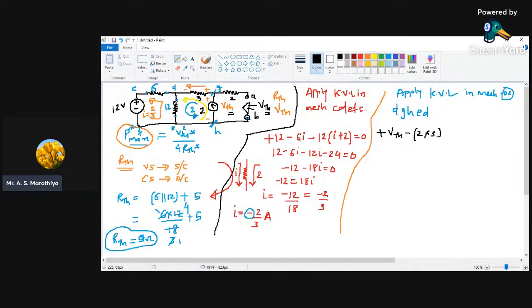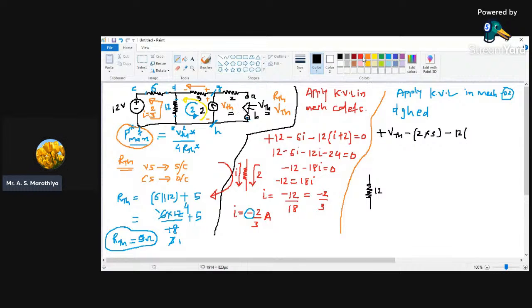and then the voltage across this 12 ohm resistor. Now because we are moving in the anti-clockwise sense, that means in the direction of the 2 ampere current source, again we are going to experience a voltage drop. So it is going to be minus, what is the value of that voltage? It is going to be 12 into, now see, if you focus on this particular resistor, here we have a resistor of value 12 ohm.